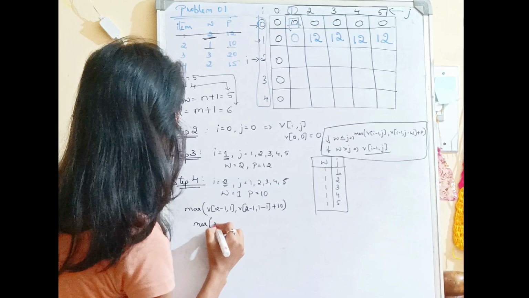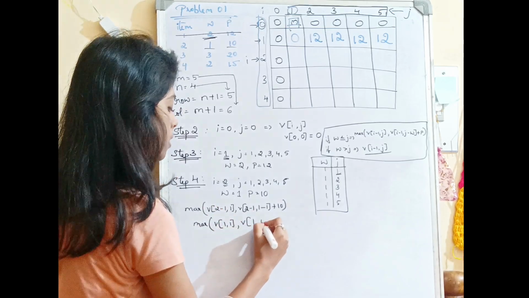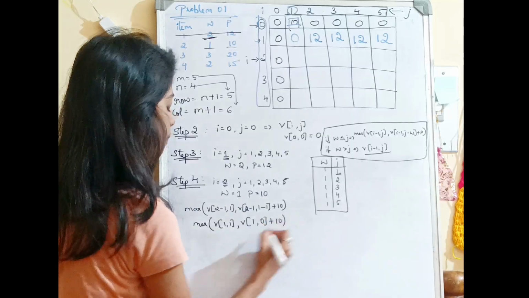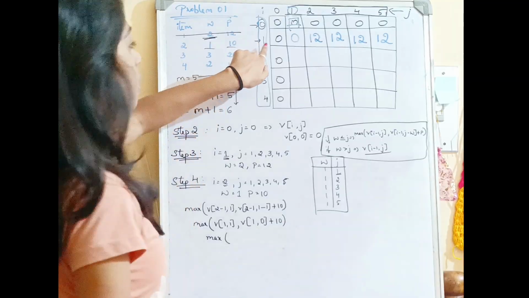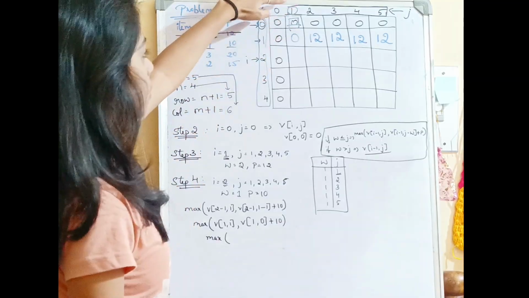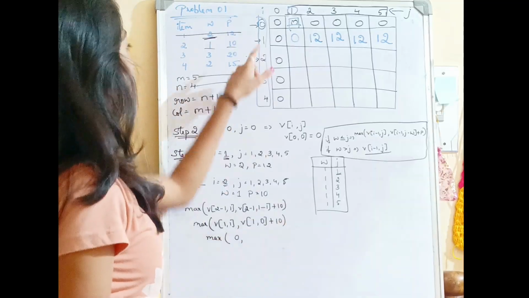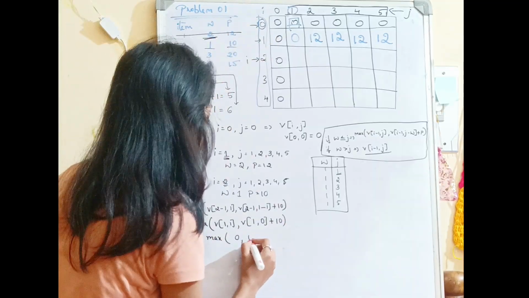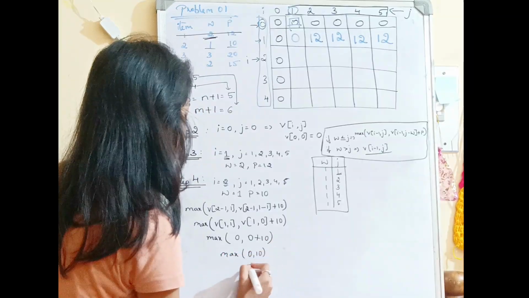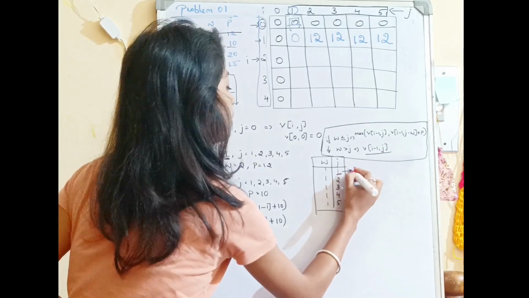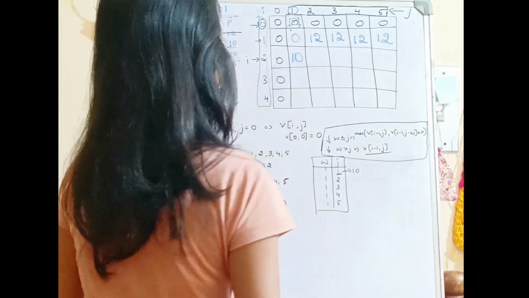Maximum of v of 1, comma 1, which is 0, comma, v of 1, comma 0, that is also 0, plus 10. So maximum among 0 and 10 is obviously 10. So this is 10.